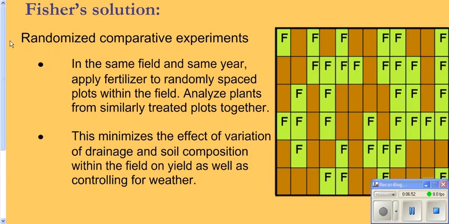Now, instead of comparing results from one year to another year of farming, he says you can't do that because one year might be cloudier or wetter than another year. One year might be drier than another year, so you can't really compare. So he says you have to take a field, separate it into different plots, and randomly assign those plots and compare your results from each of the like-colored plots to the other color, all within the same year, to try to eliminate the variability.